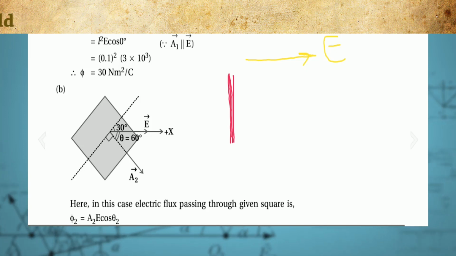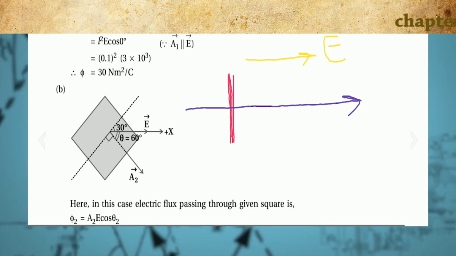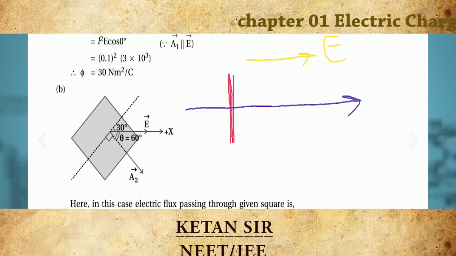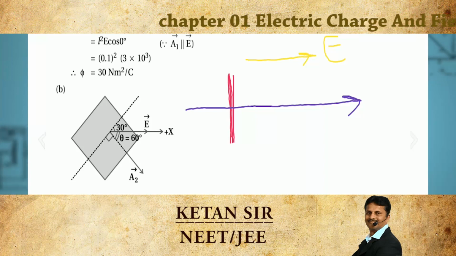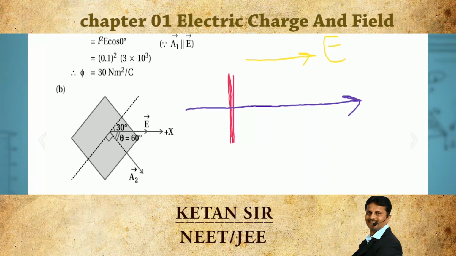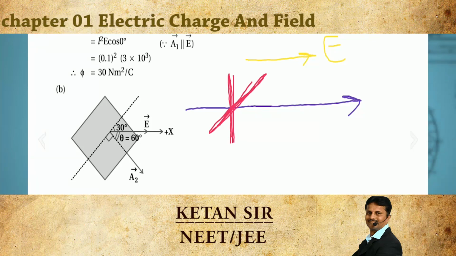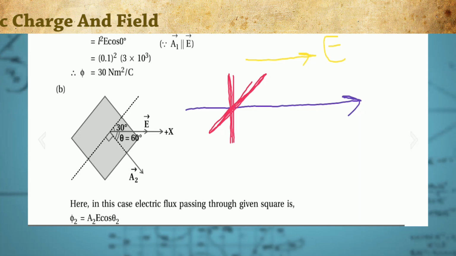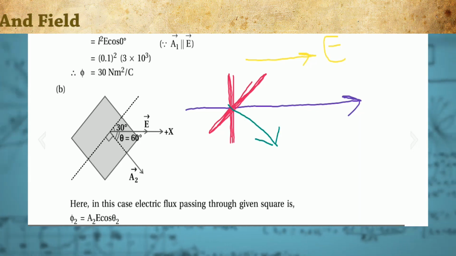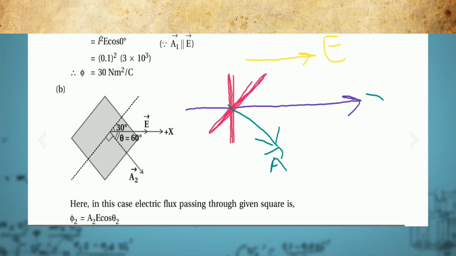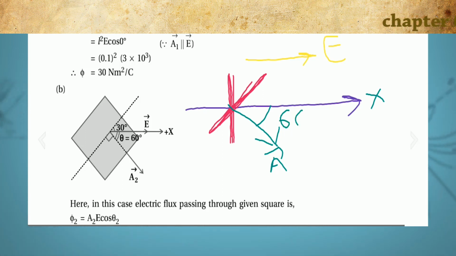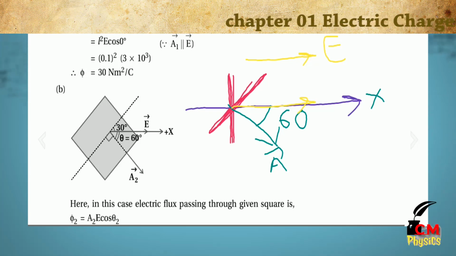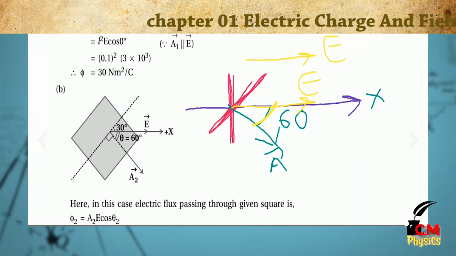Now this is your x-axis, then the plane is rotated in such a way that the normal of the plane, the A vector, is making 60 degree with the x-axis. The E vector is also in this direction along the x-axis, meaning the angle between E and A is 60 degree.